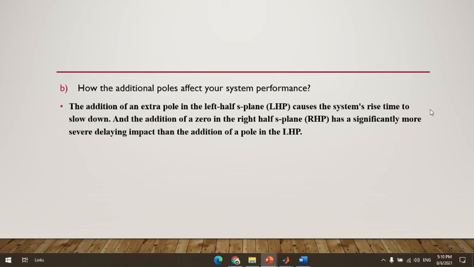As we can see at the graph, the rise time for the less pole or zero pole is decreased or slowed down at the left side, but the addition of a zero in the right half S-plane has a significantly more severe delaying impact than the addition of a pole in left half S-plane.